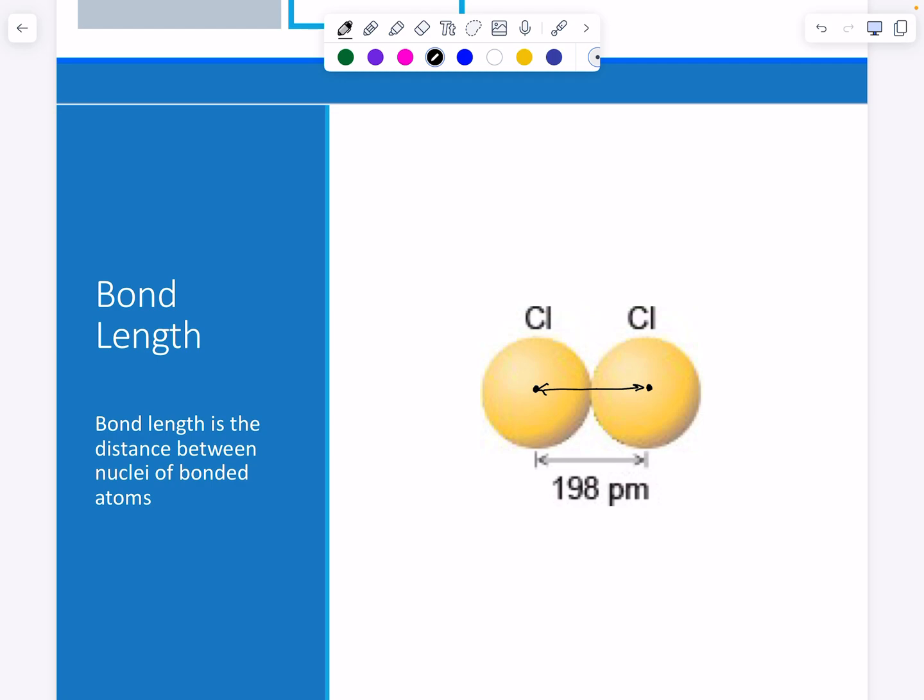We can do things like X-ray diffraction and neutron scattering, where we send very small, very energetic particles toward a material, and it scatters off of it, and we do lots of mathematics to analyze it. This means this atom was here and this atom was there. So our bond lengths are determined by experiment.